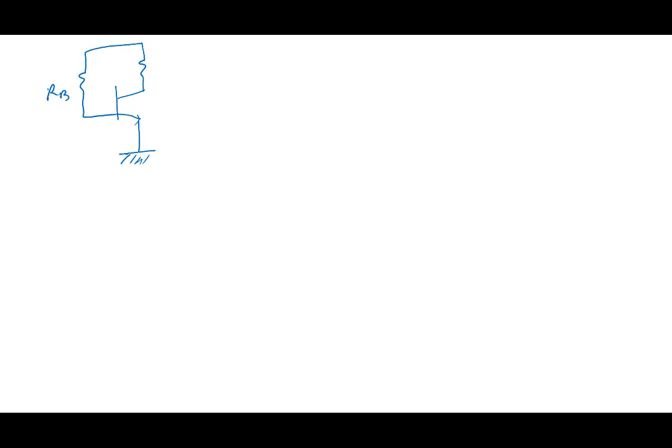So we said take the transistor out and substitute the model. Basically this is my transistor: emitter, ground, base with a diode, and the collector, for which we use a simple model, beta IB.